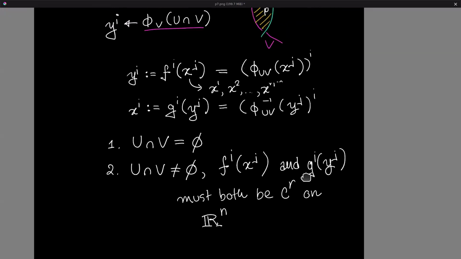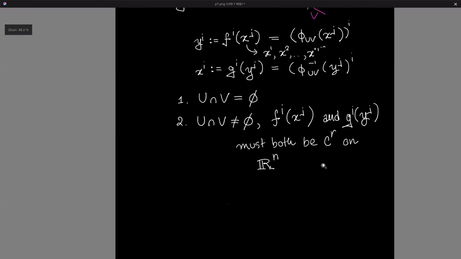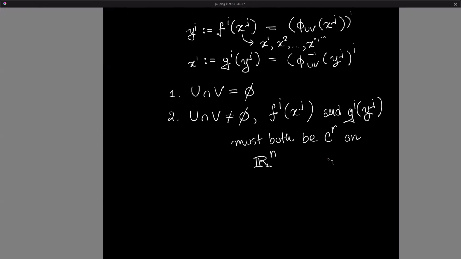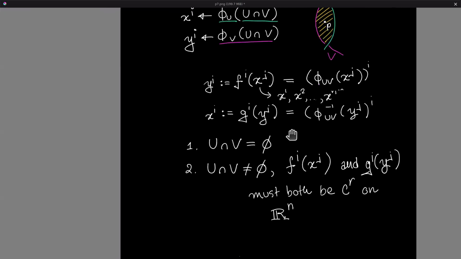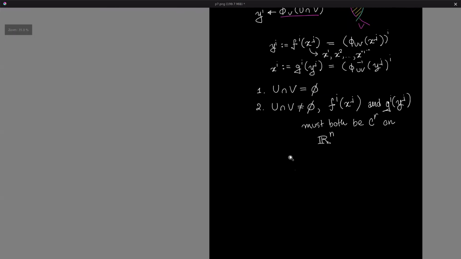Did I get that right? Yes, they must both be CR on Rn. And being CR on Rn is something we already know what it means. It means the regular partial derivatives on Rn up to order R have to exist. So that's what we mean when we say that they must all be CR compatible.